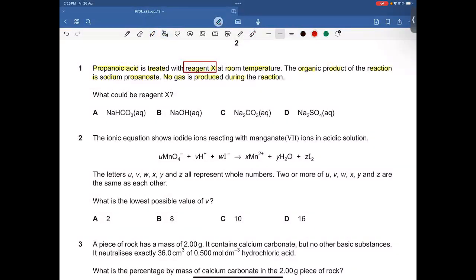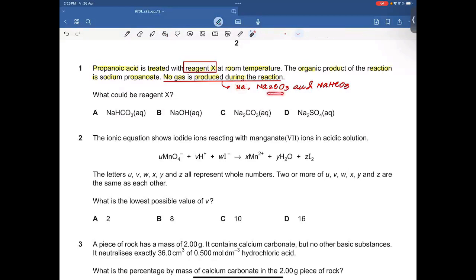If no gas is produced during the reaction, then it means we cannot use sodium, carbonate, and sodium hydrogen carbonate, because when sodium metal is used, hydrogen gas is given off.